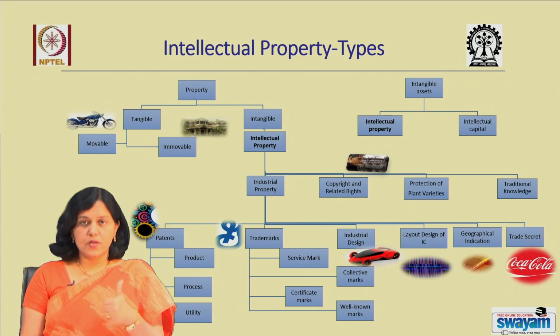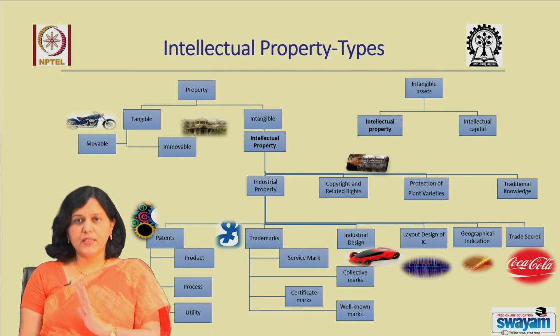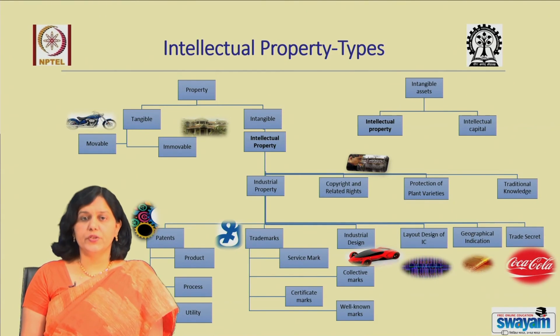Industrial property will include patent, trademark, industrial design, geographical indication, semiconductor layout design and trade secret, 6 types. Then protection of plant varieties and farmers' right, one type, and this together forms the 8 types of intellectual property, and the separate thing we are considering is traditional knowledge.